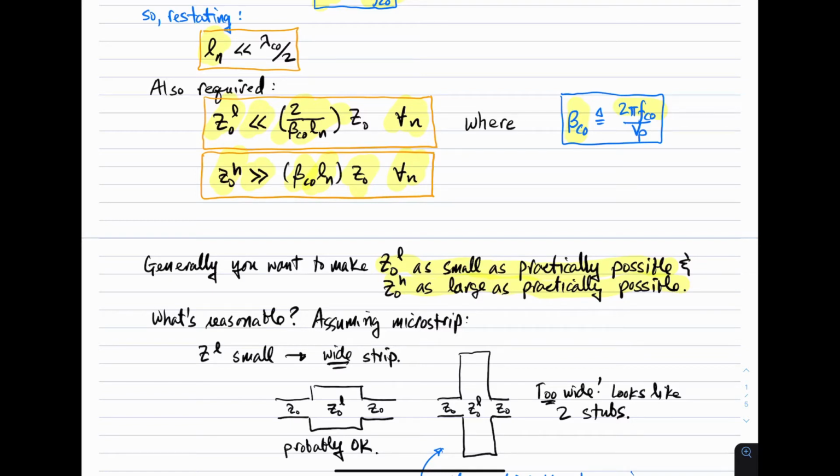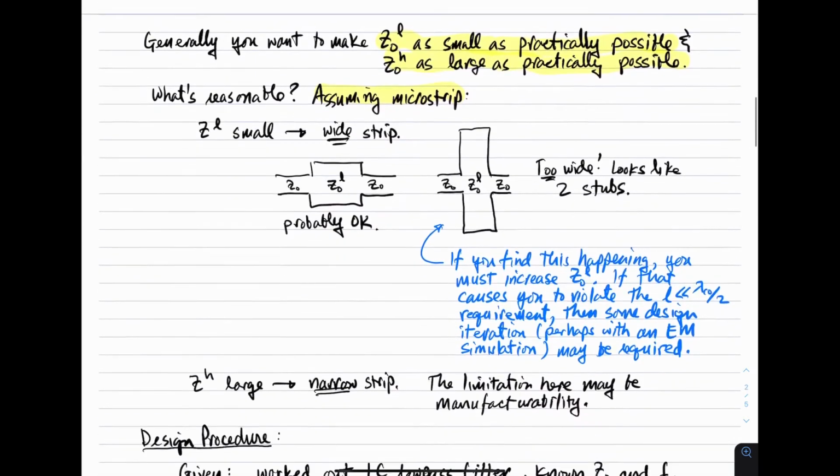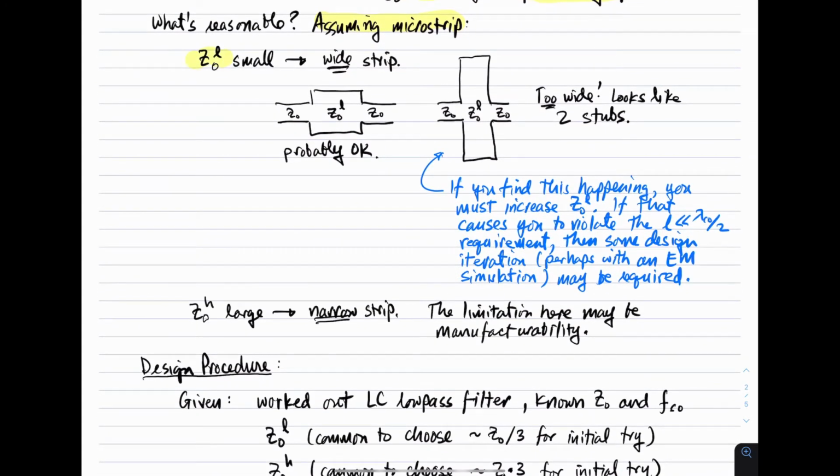Well, that depends. If we're doing this in microstrip, and typically we would be, just imagine what the geometry of these segments looks like. When Z0L is small, that means we have a wide strip, right? A wide microstrip gives us a small characteristic impedance. So if the geometry of the metallization looks something like this, we're probably okay. If we continue to try to make that characteristic impedance smaller, then the strip is going to become wider.